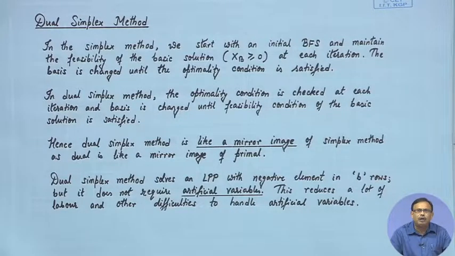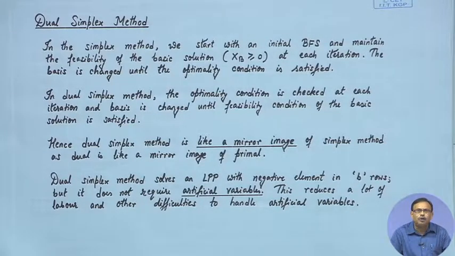If you remember, the optimality condition is z j minus c j greater than equals 0, and some vector may depart and some new vector may enter the basis. In this process, the basis will change until z j minus c j is greater than equals 0. In the dual simplex method, what happens?